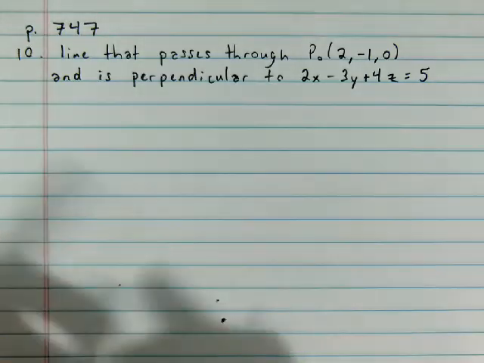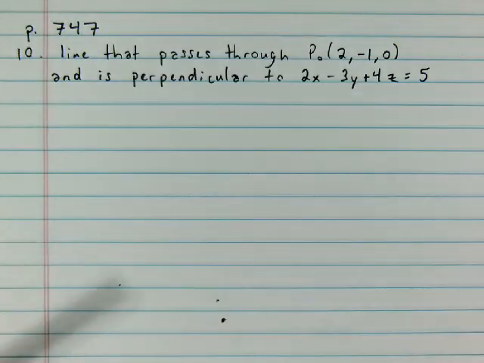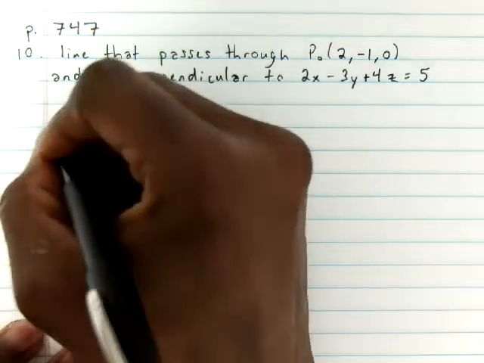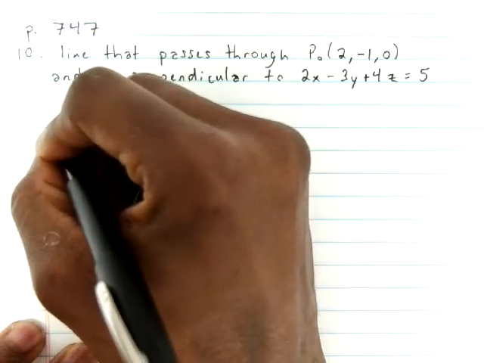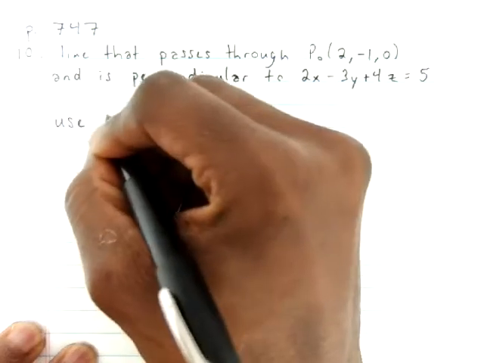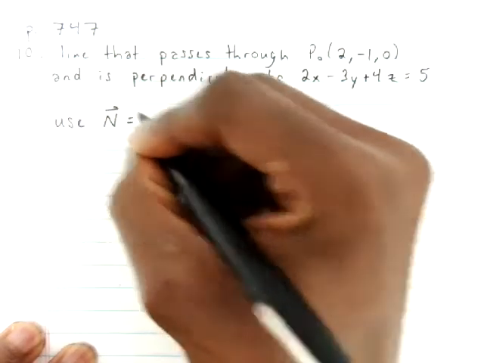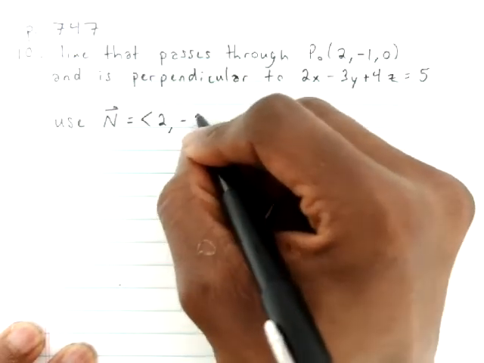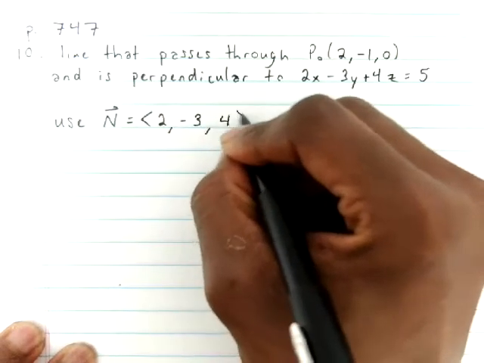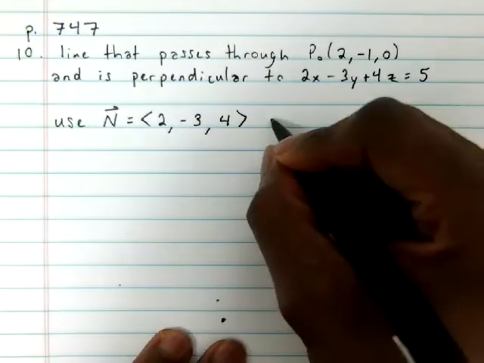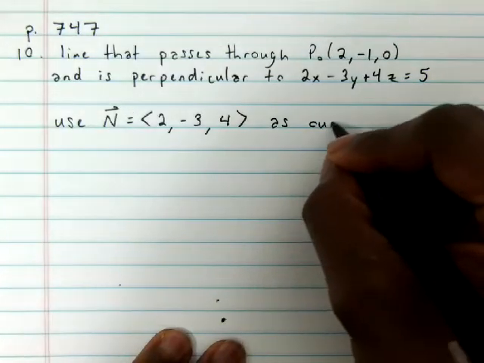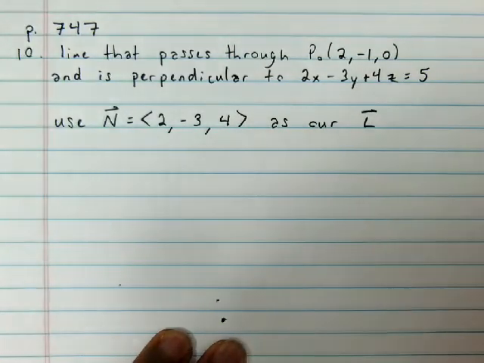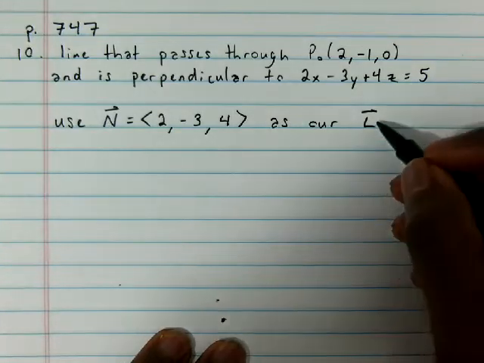So we're going to use N, which is 2, -3, 4, as our L. That gives us our L, and we have our P naught.